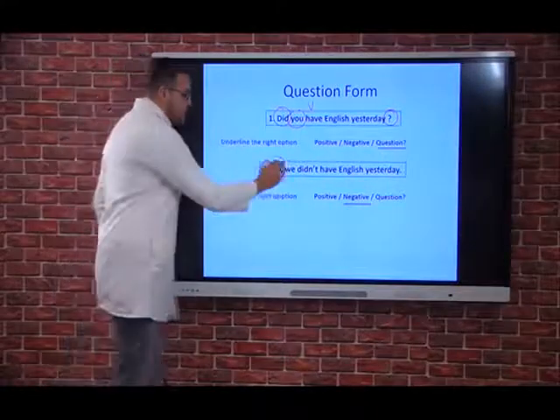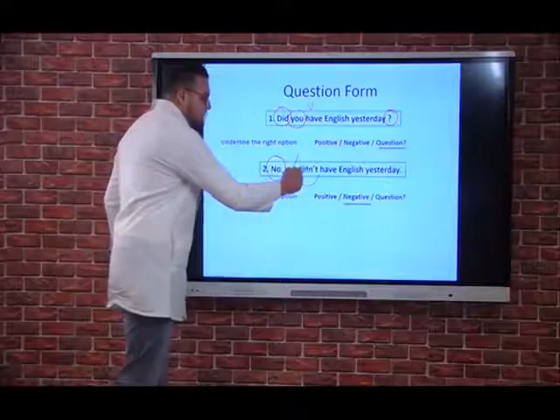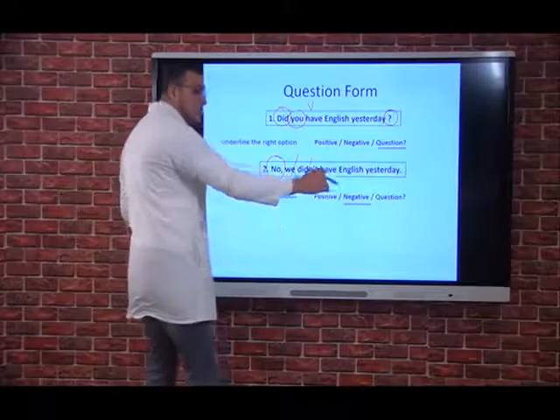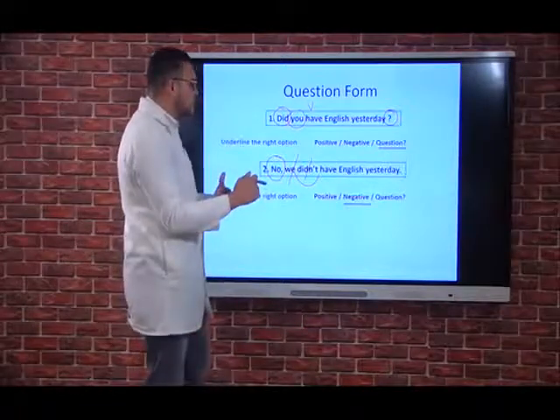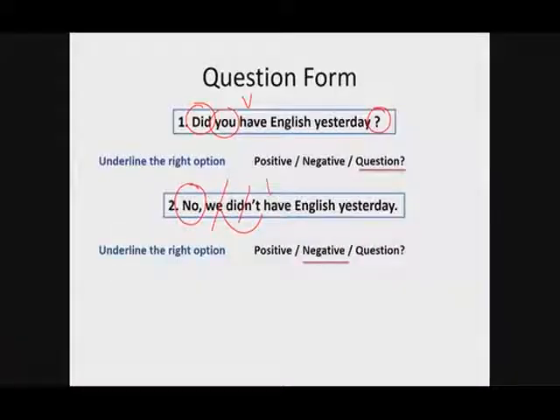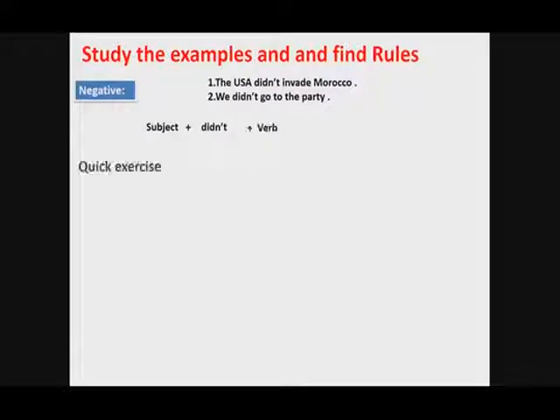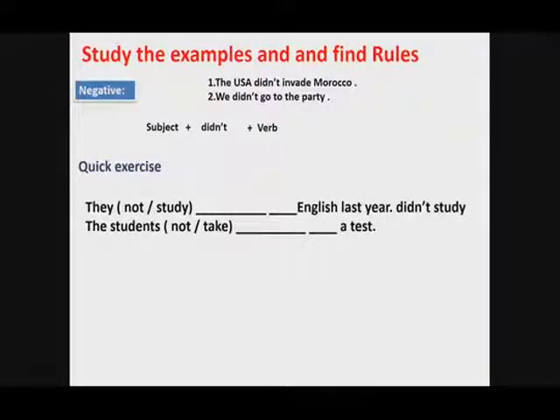So no, subject pronoun plus didn't, which is did not as a long form, didn't as a short form, plus verb, and this verb should be in the infinitive or the base form. So in the negative, as I said before, subject, didn't, verb. Subject plus didn't plus verb.